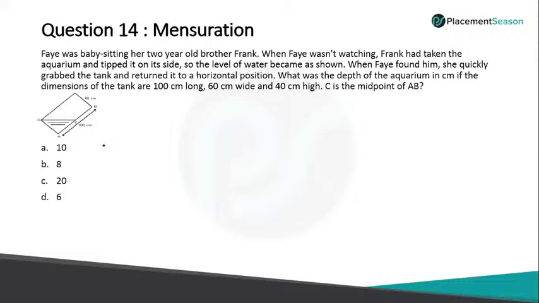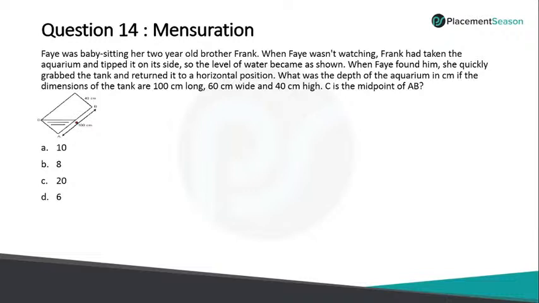The level of water became as shown, so you can see the figure here. It was horizontal, and when it is tilted on the corner A, the water level moves till C, it is touching.